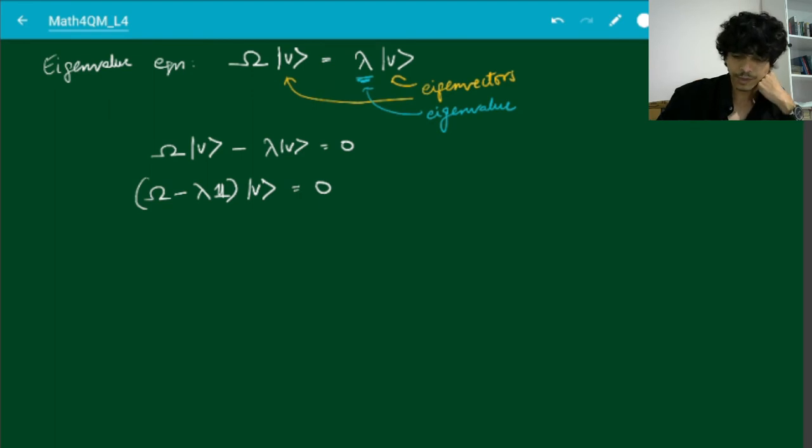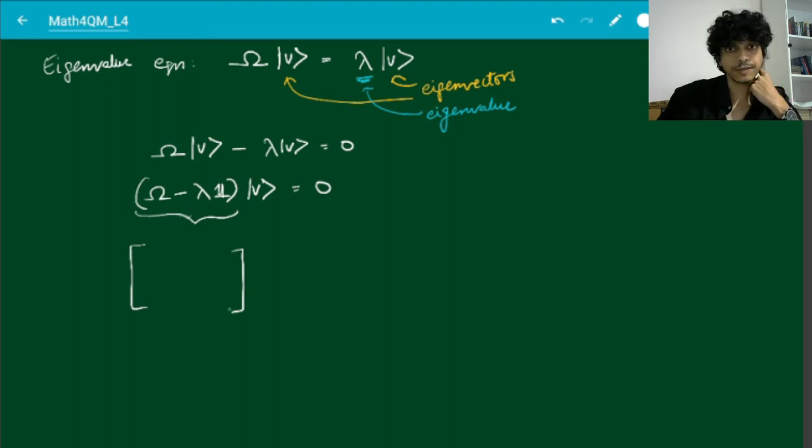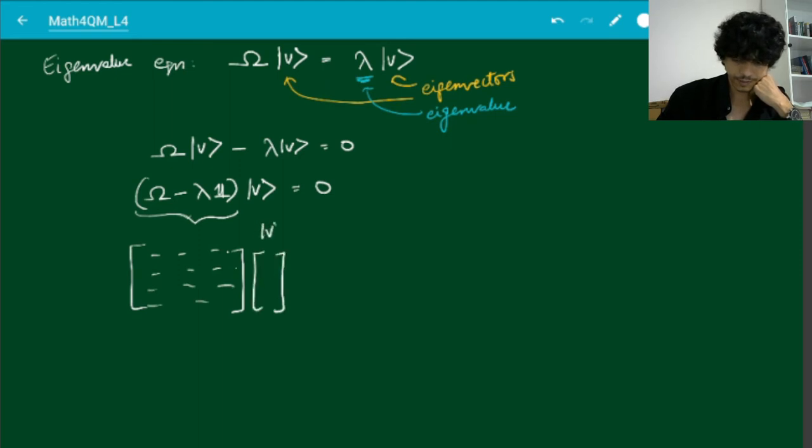So this omega minus lambda I is some matrix. If this was the vector space R3, this would be some 3 cross 3 matrix, times the vector v. Let's say v is some x, y, z, depending on the dimensionality of the vector space, and this has to be equal to 0, 0, 0.